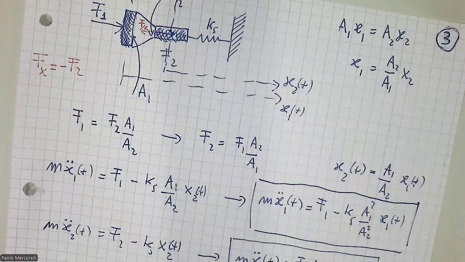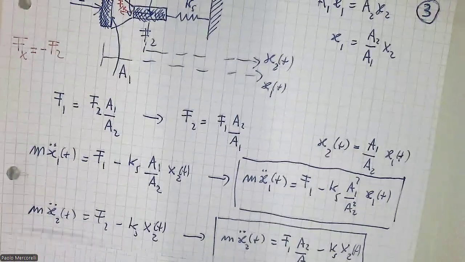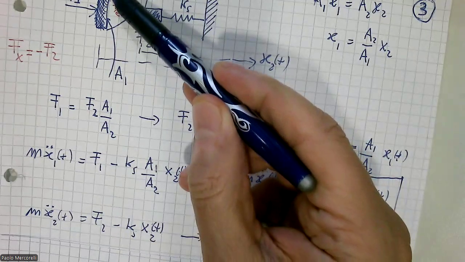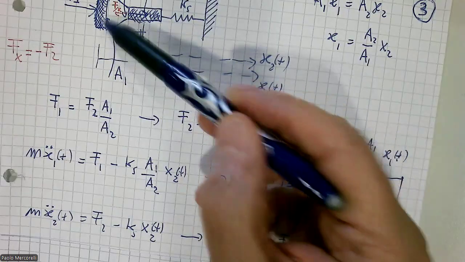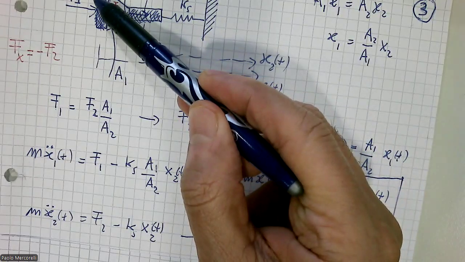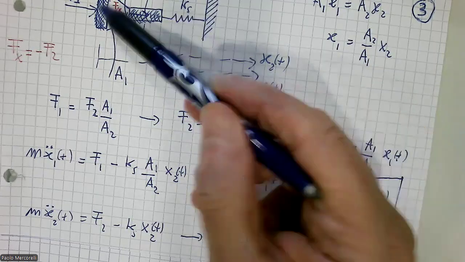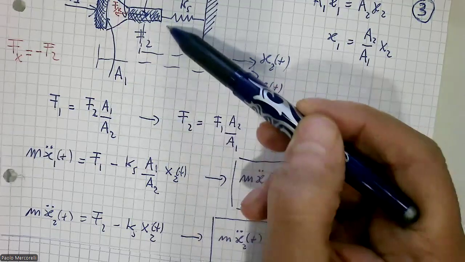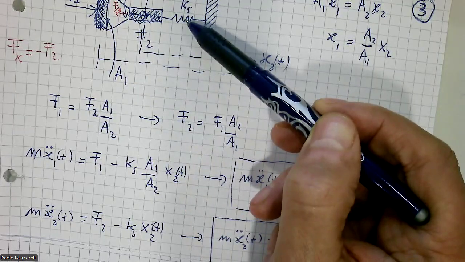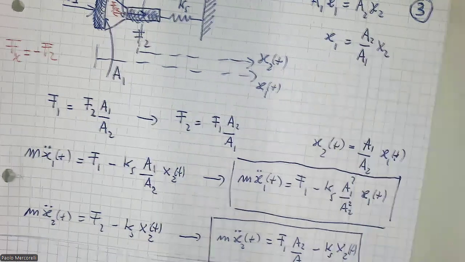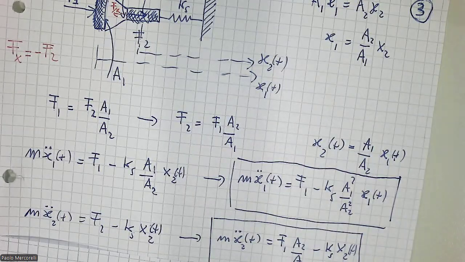But the movement of this spring is amplified by A1 divided by A2. Remember, large force on the surface 1, small force on A2. But for the contrary, I probably have another slide to clarify this better.